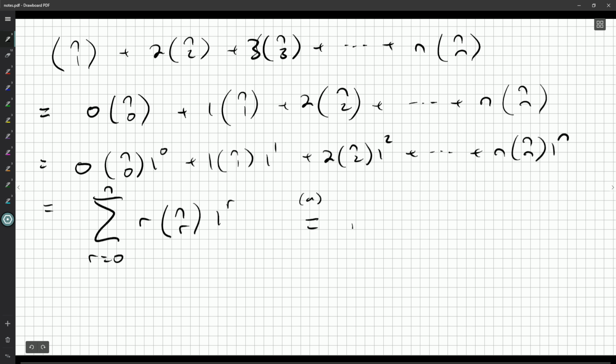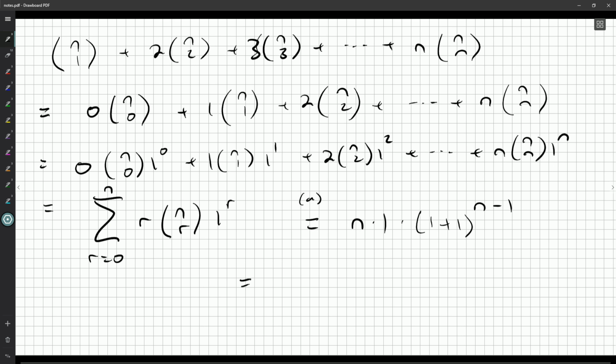And by A, this is the same as n, and then where my x is, I just write a 1, and then (1 plus 1) to the n minus 1. All right, it was n minus 1? Yeah. So this is n times 2 to the n minus 1.